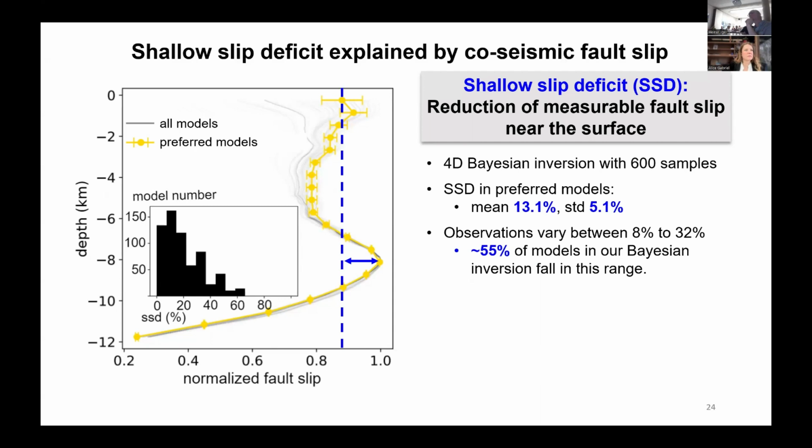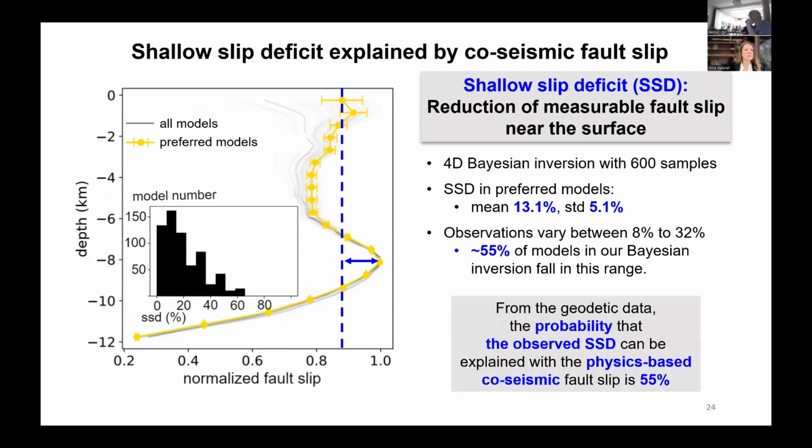Put in other words, from the geodetic data, the probability that the observed SSD can be explained with the physics-based model at the coseismic phase is 55%. That's the first time we can quantify this for such an earthquake feature. So at this point, I would like to conclude my presentation.